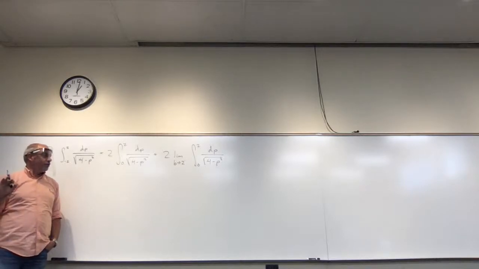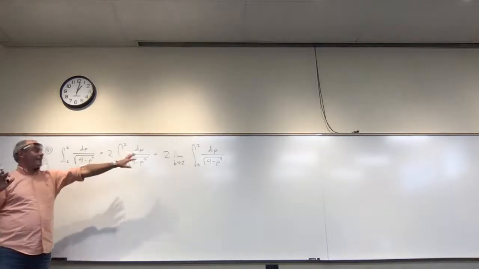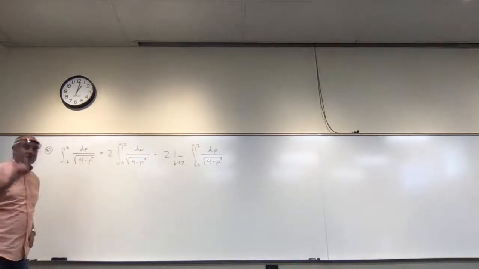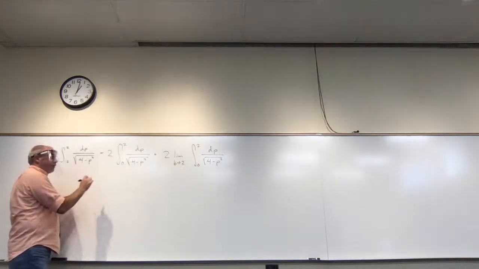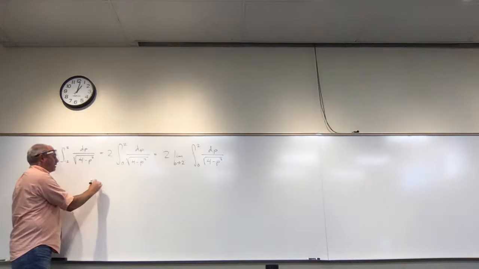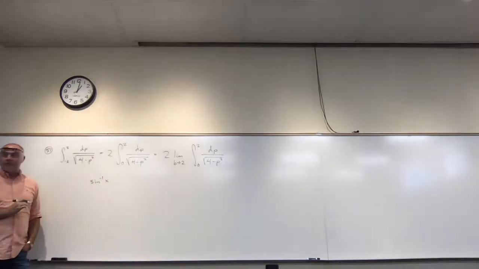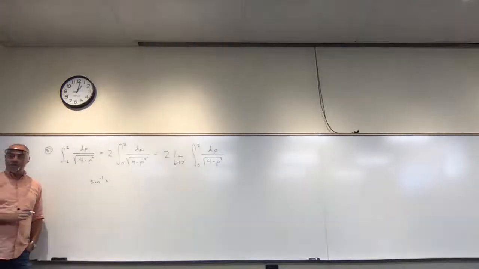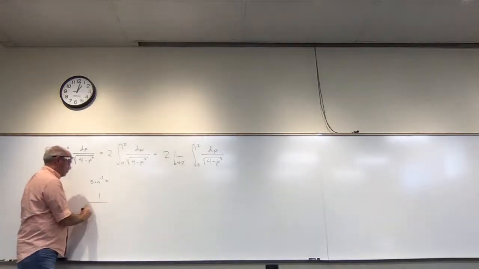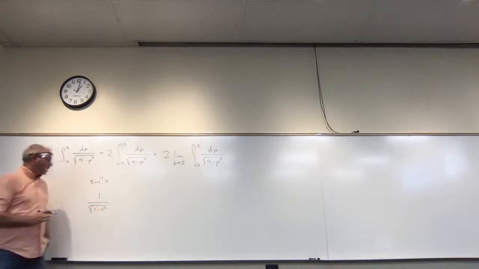Right. So instead of asking what that antiderivative is, tell me this. What's the derivative of sine inverse of x? It's 1 over the square root of 1 minus x squared. Yeah, that's right.